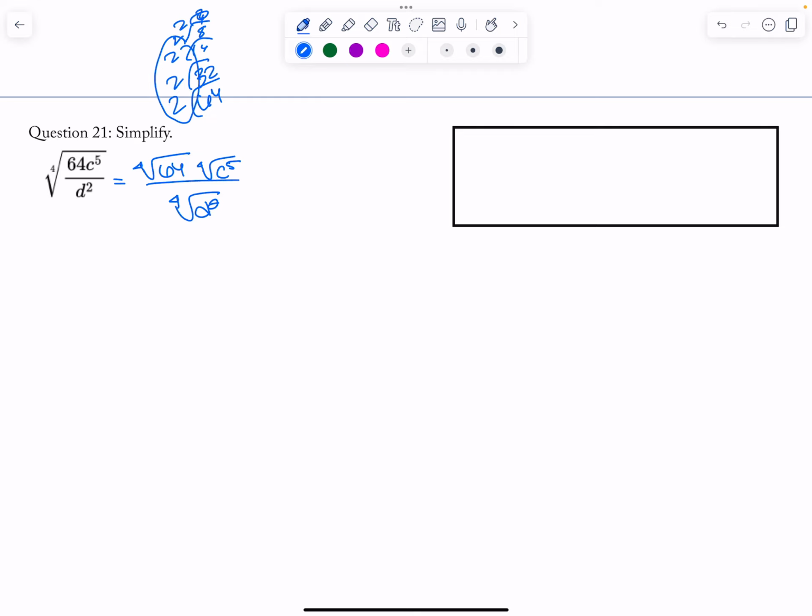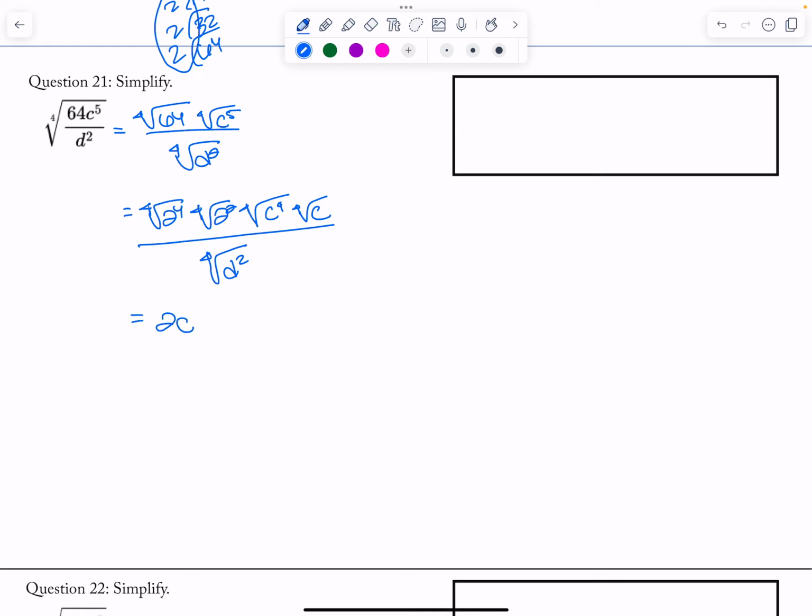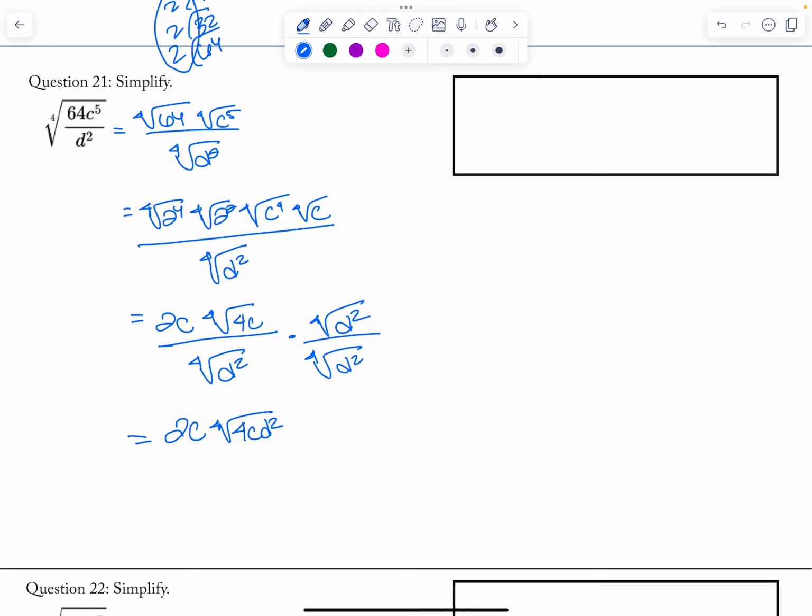So I have 4, 2, so then this is the 4th root of 2 to the 4th, the 4th root of 2 squared, the 4th root of c to the 4th, and the 4th root of c all over the 4th root of d squared. So this will give me a 2c, 4th root of 4c over the 4th root of d squared. And now I need 2 more d's. So this is going to give me, just kidding, 2c, 4th root of 4cd squared over d.